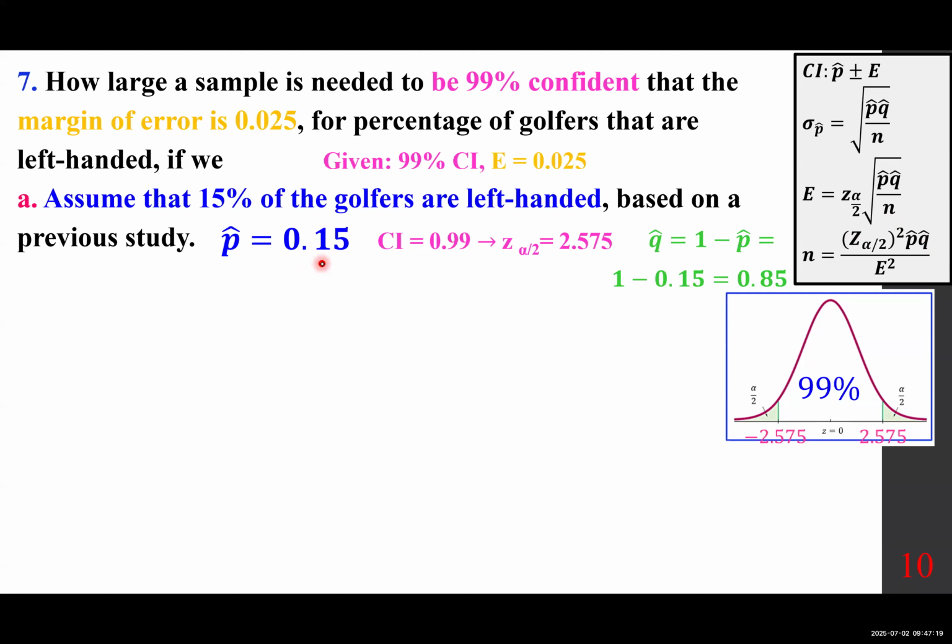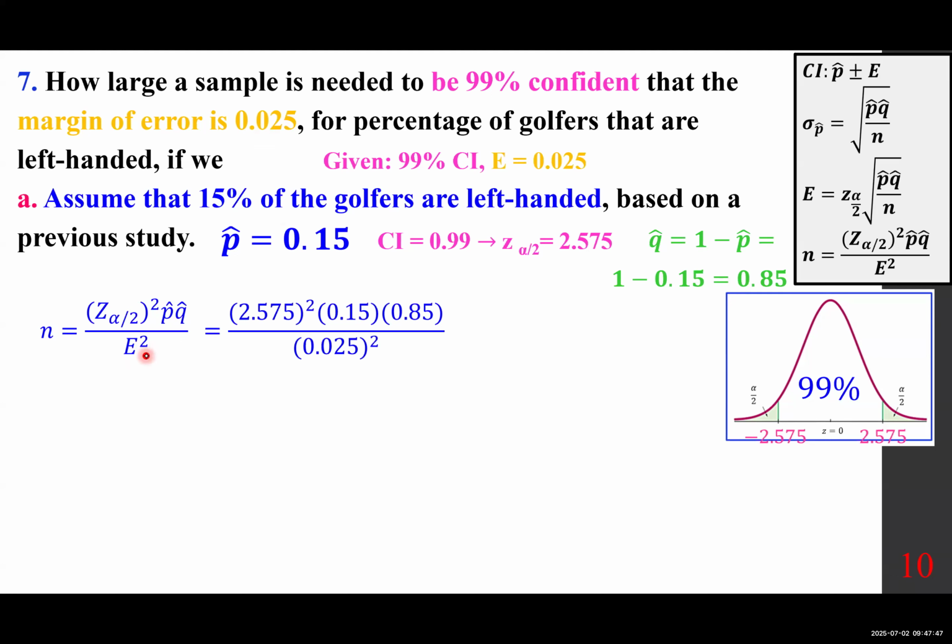And so now we are ready to use the formula. See, that's why the given helps. Understanding what the question is asking us. Plug in. Replace the Z with 2.575, P hat with 0.15, Q hat with 0.85, E is 0.025, and then square. Put it into a calculator.